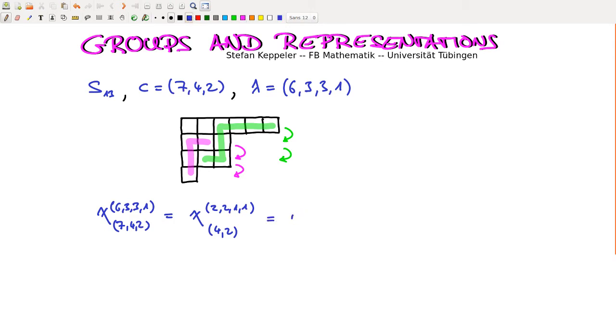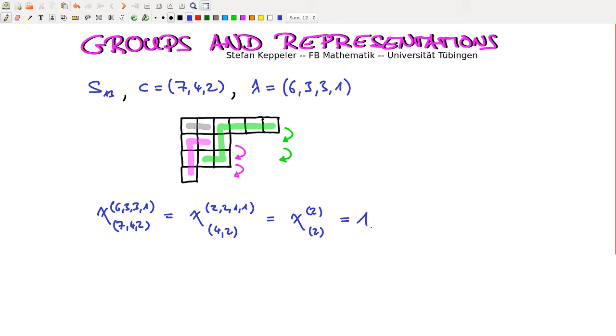Again, plus character for 2, 2, and now in the next step we completely remove the diagram. No boxes left, 0 vertical steps, so no sign change, and we found the character is 1.